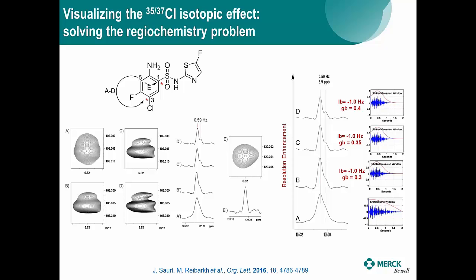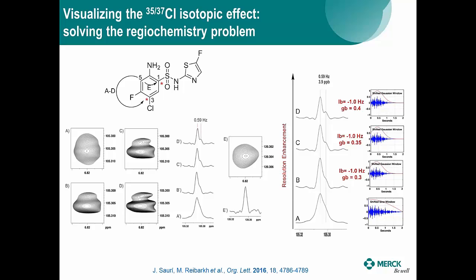If we process the data conventionally, in panel A, we barely see this isotopic shift. But if we use resolution enhancement, and instead of using a sine apodization function, which is the conventional way to process 2D data, we use a Gaussian apodization function, we can get better resolution, and we are able to see this tiny chlorine isotopic effect.